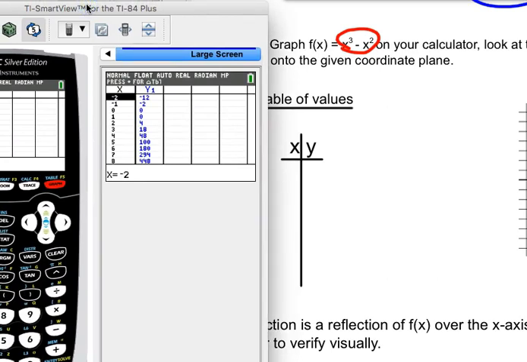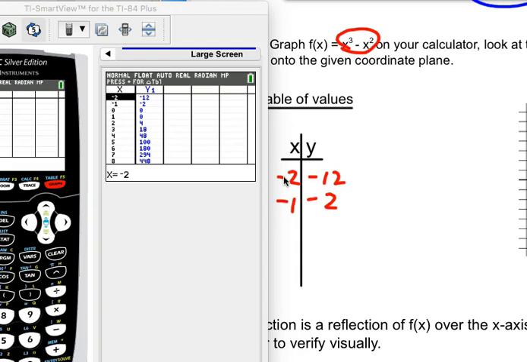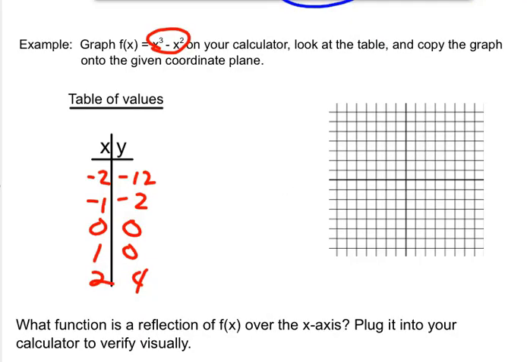All right. And then some points on there would be -2, -12, -1, -2, 0, 0, 1, 0, 2, 4. Okay, so let's see if we can plot some of these.